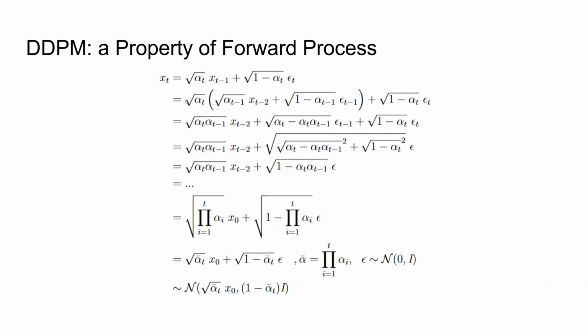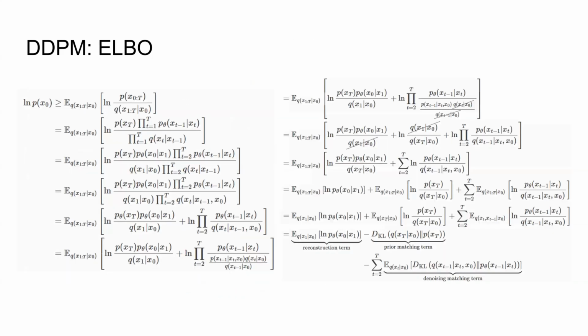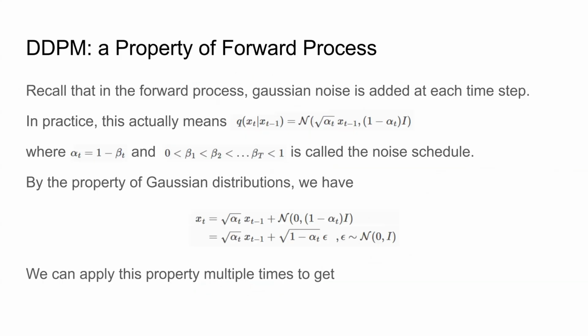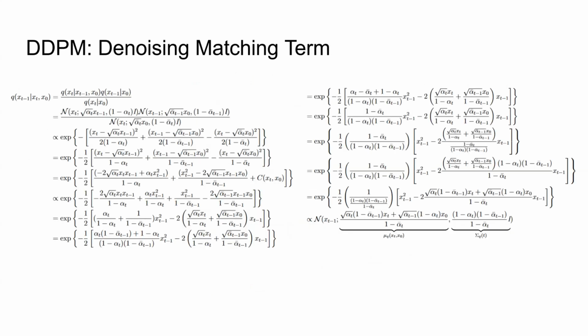Yes, and remember that our objective here, the denoising matching term, seems like we can actually solve this analytically, which is very good news. So let's see how to do it. To start with, let's use the Bayesian rule. This is just the Bayesian rule, and we have parameterized this particular distribution.